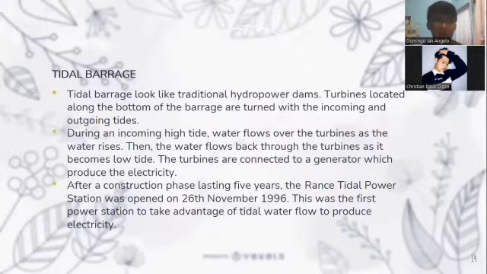After a construction phase lasting 5 years, the Rance Tidal Power Station was opened on 26th of November 1996. It was the first power station to take advantage of tidal water flow to produce electricity. So, yung Rance Tidal Power Station, ito yung pinakauna na power station of tidal water flow na nagpo-produce ng electricity sa atin.